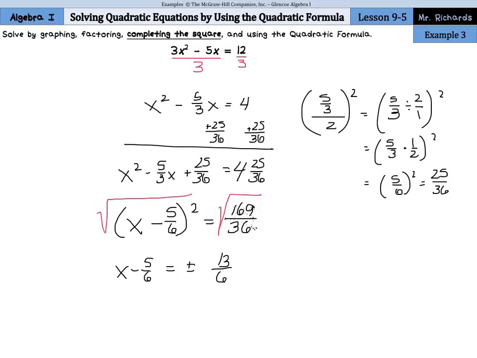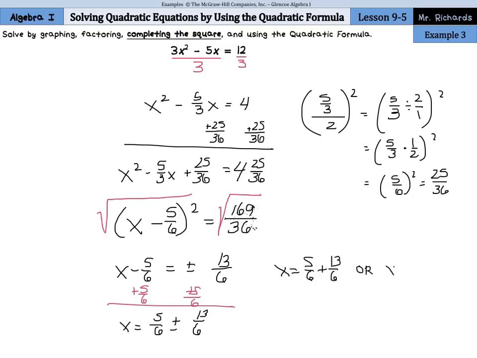It's kind of incredible how this works out, because now when I add the 5/6 to both sides, we'll have x equals 5/6 plus or minus 13/6. Well, my two little different paths here: x is 5/6 plus 13/6, or x is 5/6 minus 13/6.